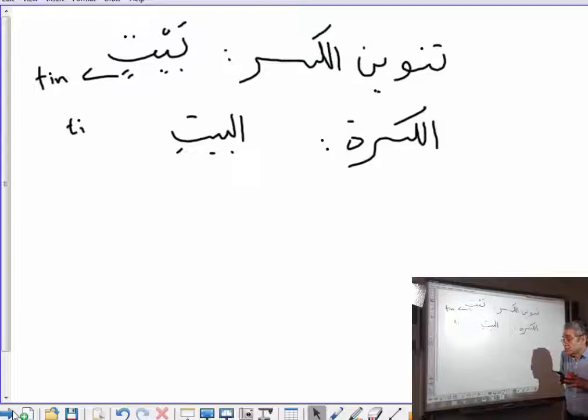Maybe you can say, okay, which of these three i'rabs or case markings are the original? The answer is the dhamma and the tanween al-dhamm.